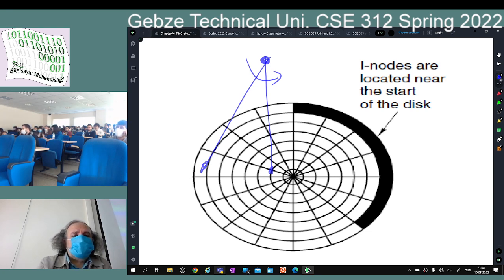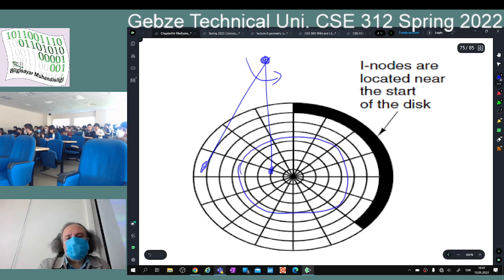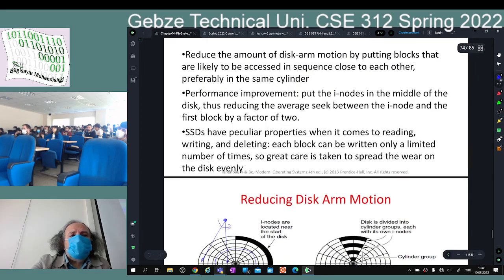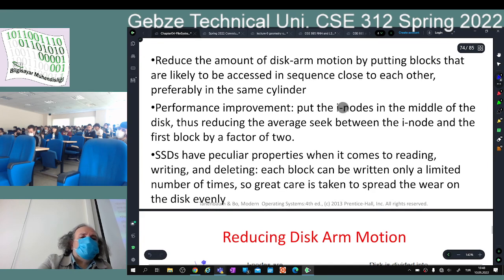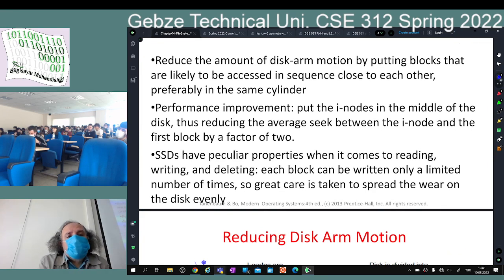I know that my disk head has to be somewhere on my disk. On the average, this middle part of the disk is most easily accessed, because you should be close by to the center track, the center cylinder. So some people say, why don't we keep our most important and most frequently used disk blocks, the inodes, in the middle of the disk, in the center cylinder?